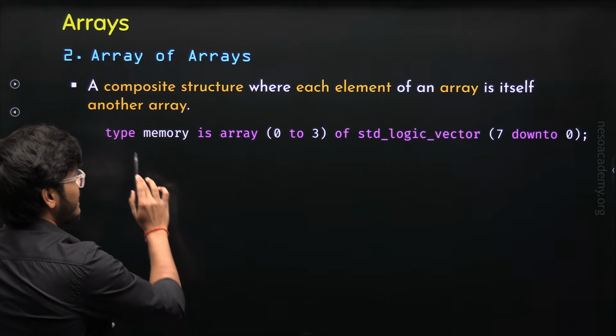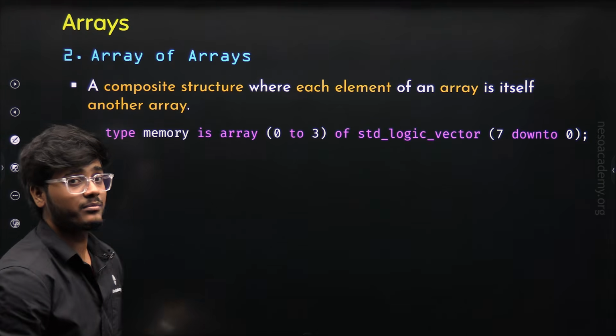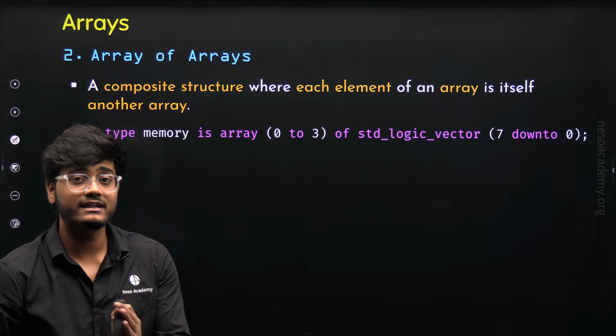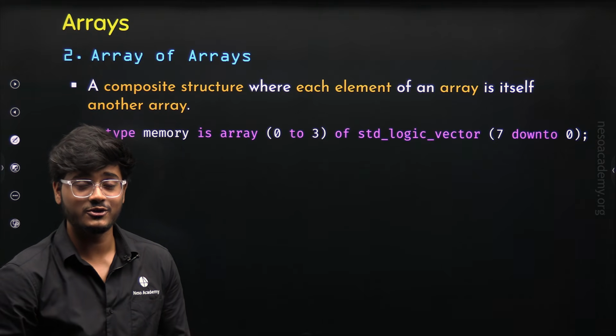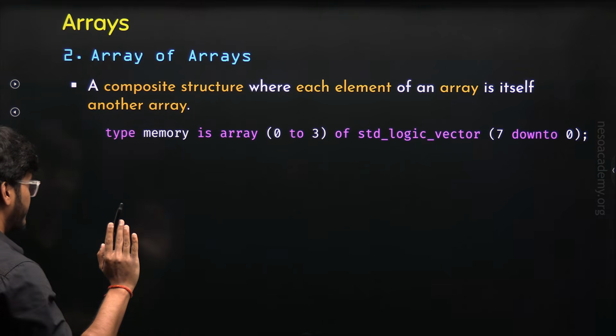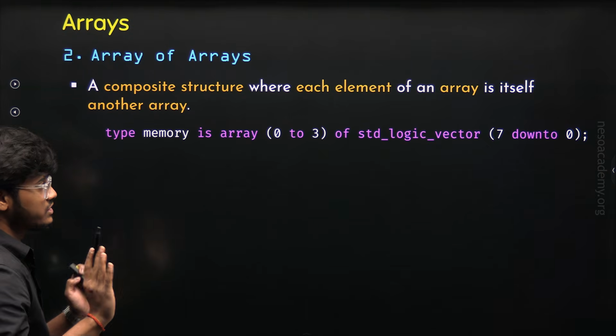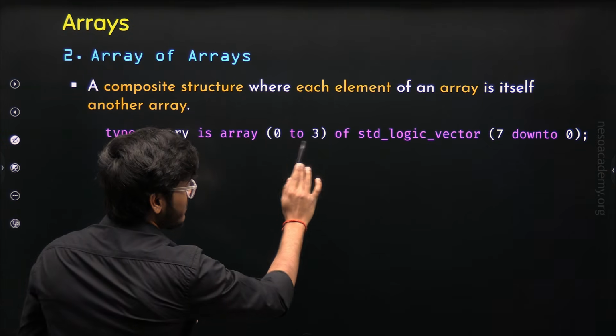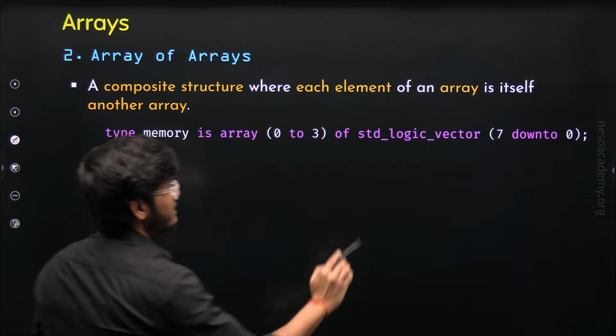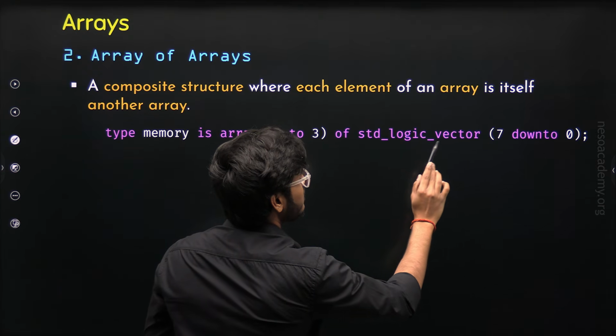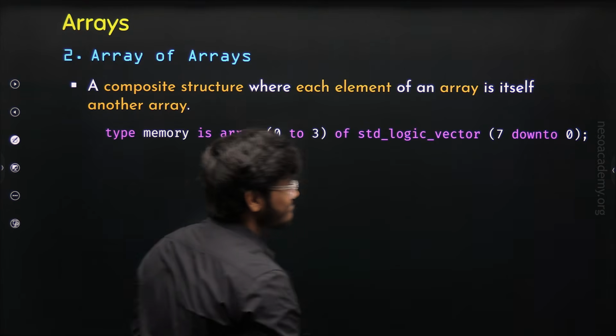Means each array inside this memory data type is an 8-bit standard logic vector. So here I have created a data type called memory which contains 4 multiple arrays and each array is a standard logic vector of 8 bits.